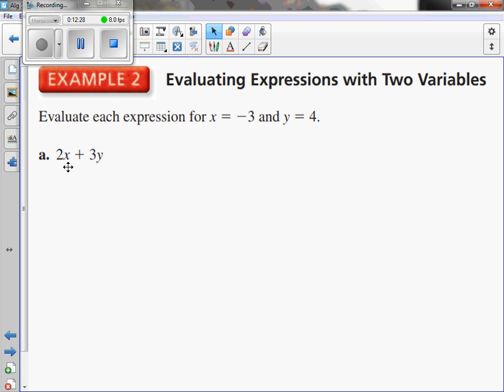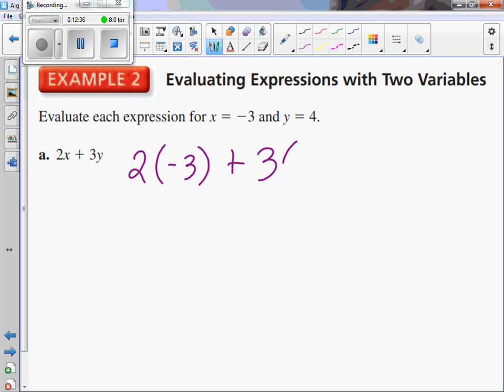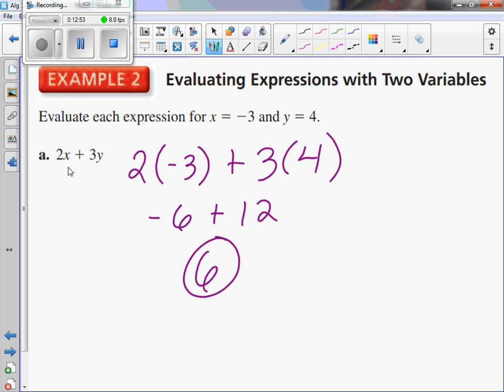Now, what is the value of x? What's the value of y? Plug it in. So 2 times negative 3 is negative 6. 3 times 4 is 12, and this gives us 6.